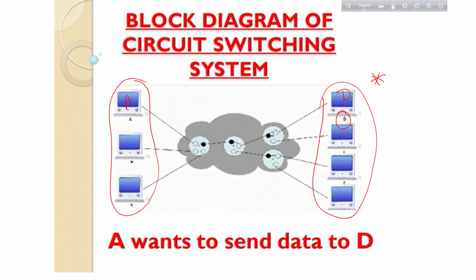At first, a circuit connection will be established between A and D. Then the data transfer will happen. Then after the completion of data transfer, this circuit will be disconnected. So this is the basic block diagram, or the process, of the circuit switching system.